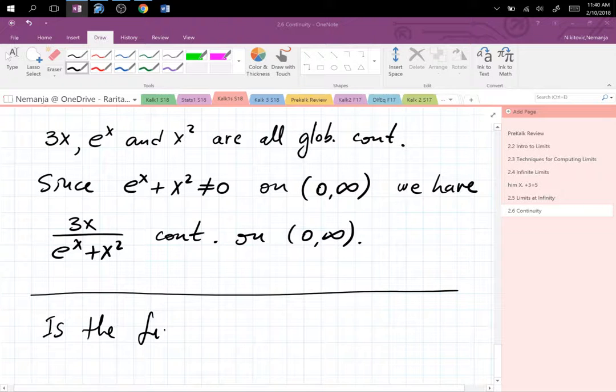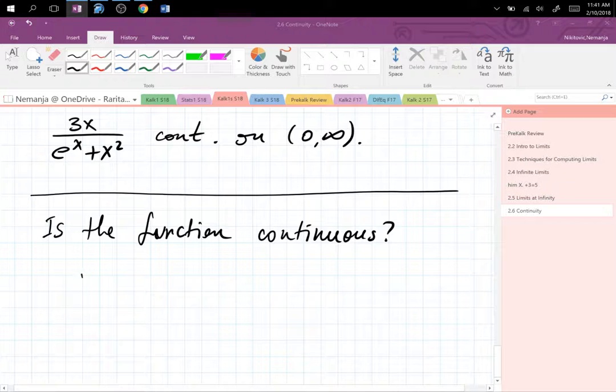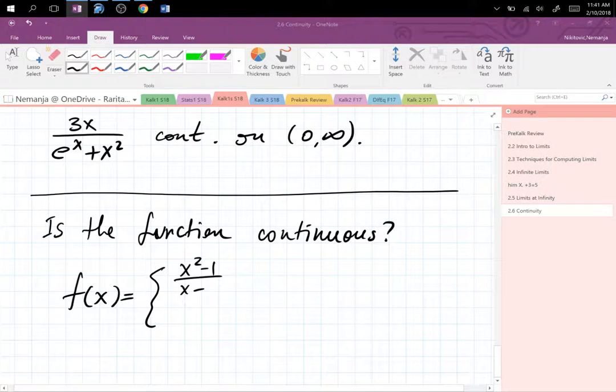Is the function continuous? f of x equals x squared minus 1 over x minus 1 for all values of x not 1, and it's 3 if x is 1.